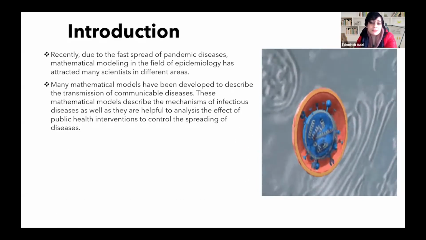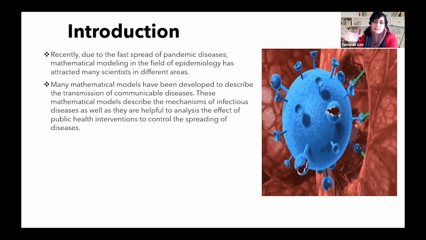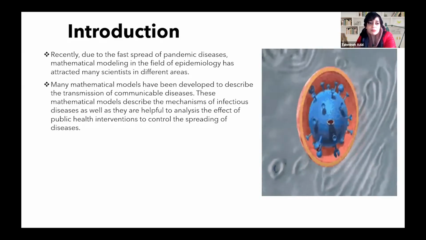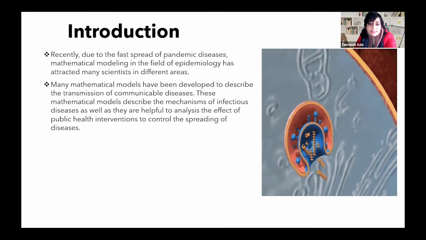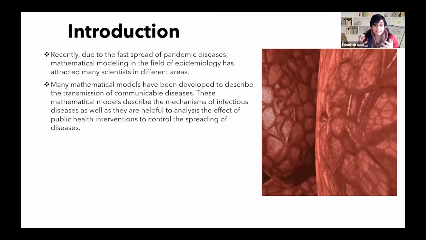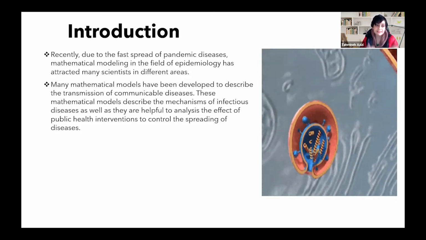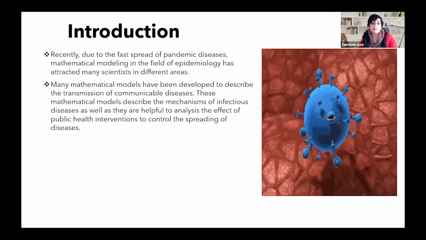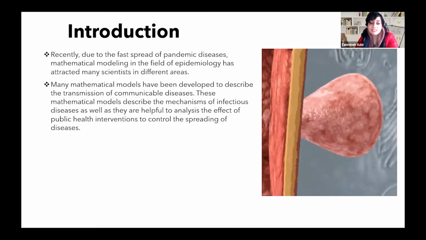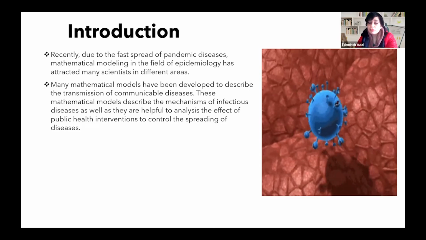Many mathematical models have been developed, based on different types of infectious disease, to describe this type of communicable disease. These models describe the mechanism of infectious disease, and they are also helpful to analyze the effect of public health interventions, or all of these control strategies that we are using for controlling disease, for example vaccines.